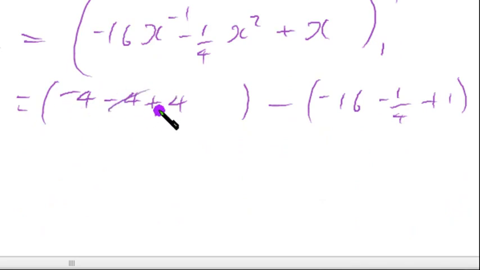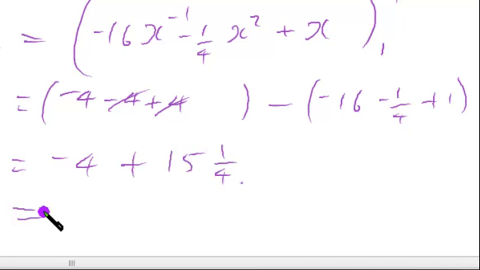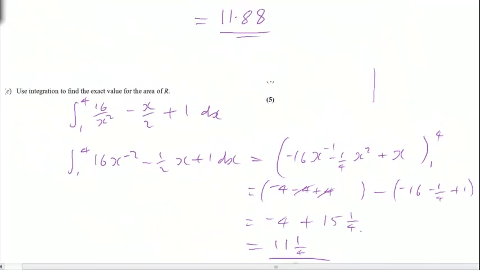And this cancels out with this, so it gives us minus 4, and in here we've got minus 15 and a quarter. So we get minus 4, minus a minus gives us a plus 15 and a quarter. So that gives us 11 and 1 quarter.